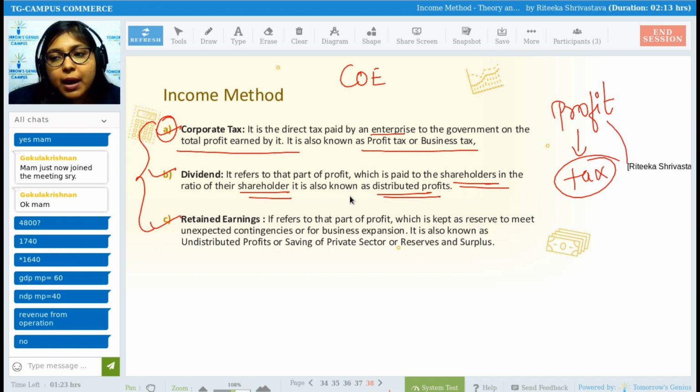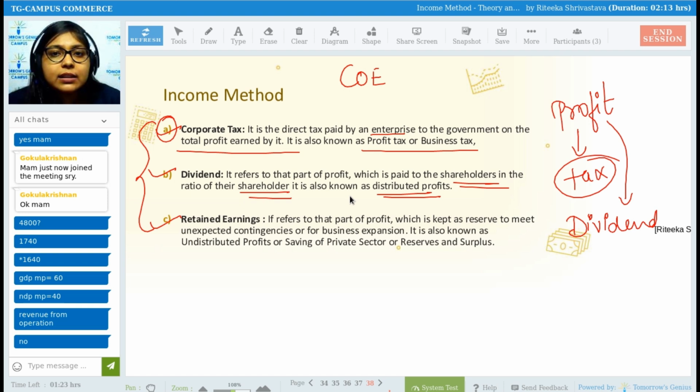So dividend is also the part of profit, right? When the organization receives profit, only out of that profit they distribute the dividend to their shareholders. So that is why the second part is dividend.